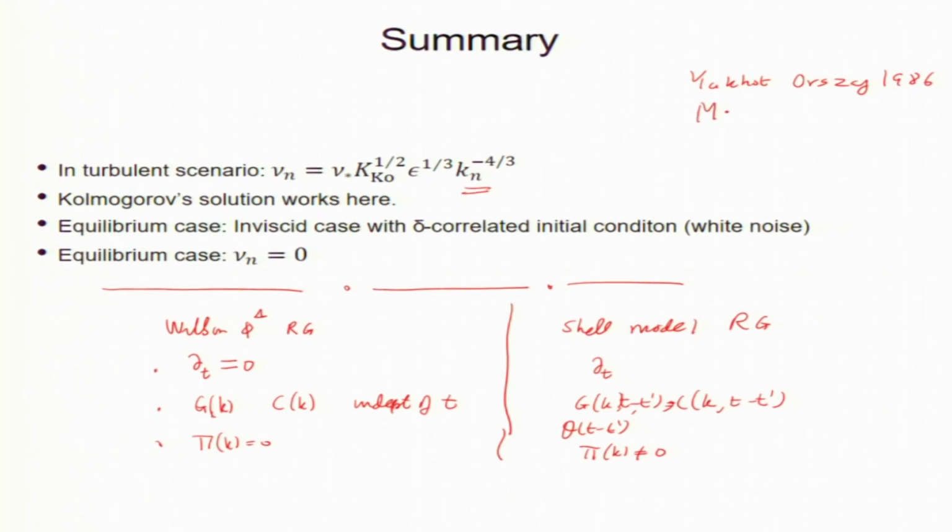Then there is Martin-Siggia-Rose, called MSR, I think 73 or something. FNS, Forster, Nelson, Stephen, 76. So there are different schemes to do RG.